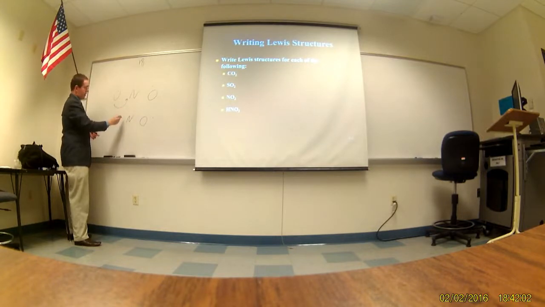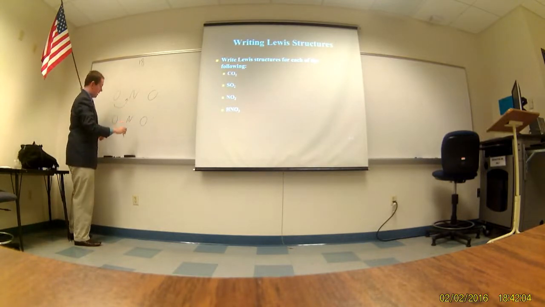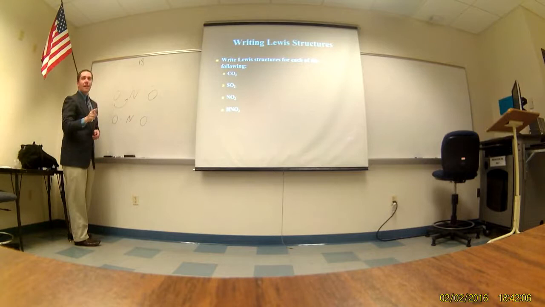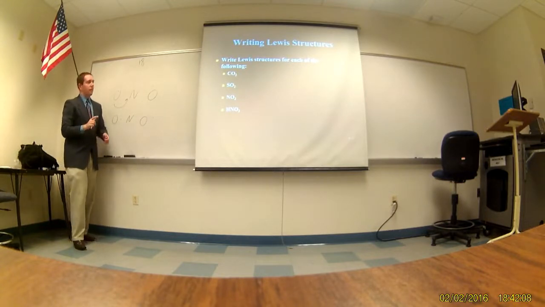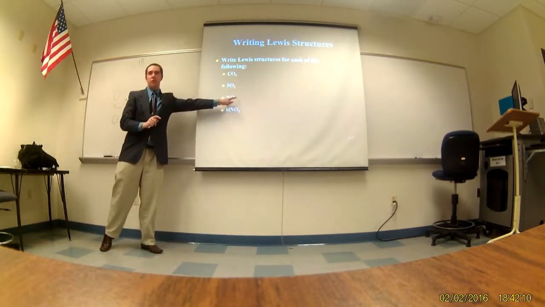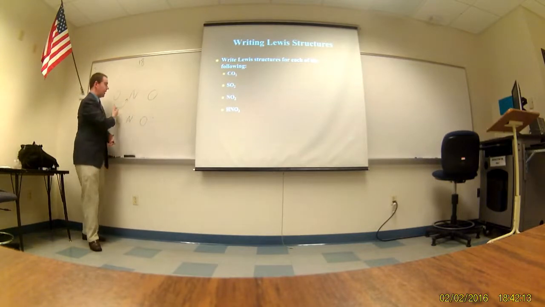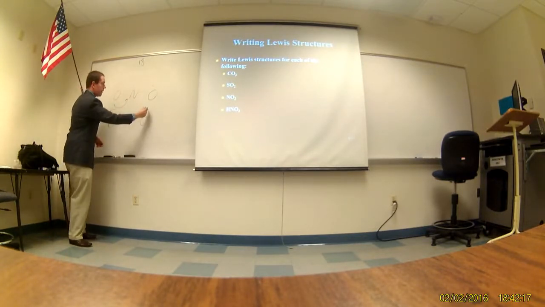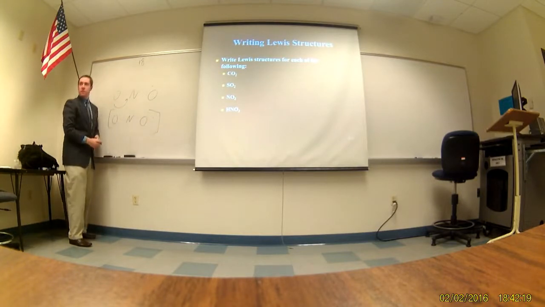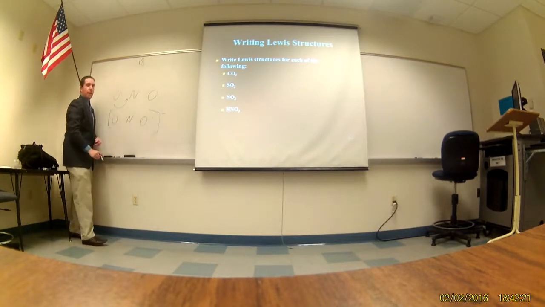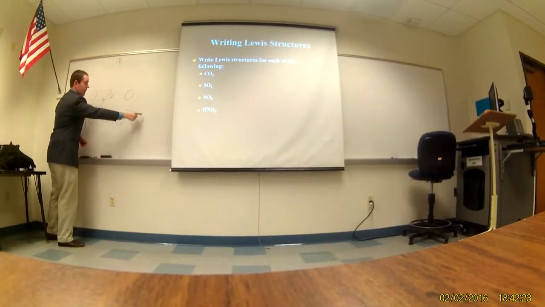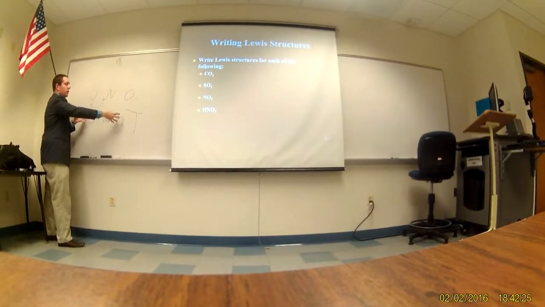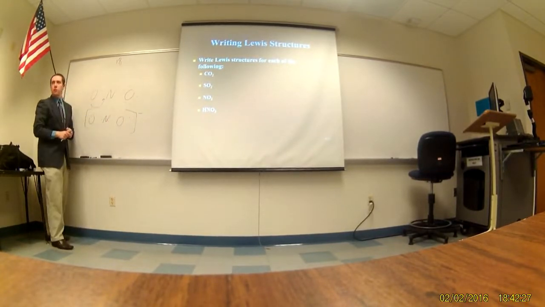Nitrogen has 8, oxygen has 8, oxygen has 8. And there's one last thing we have to do here. Because it has a negative charge, we have to show that some way. And the way we do that is we put the whole thing in brackets, put a negative charge. So that's saying that there's one extra electron in this structure.